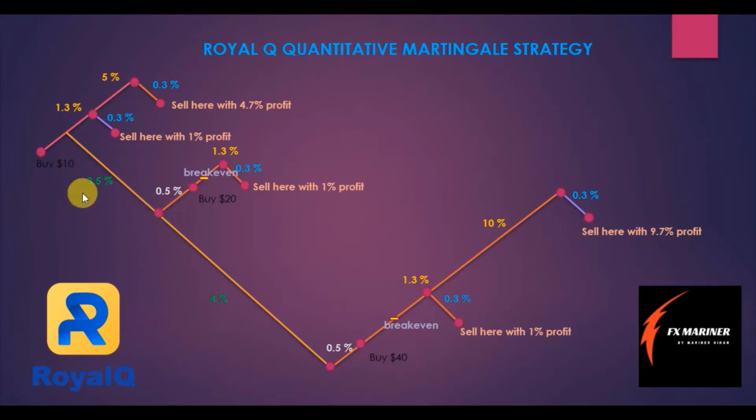In this case, the bot is waiting for the price to decline 3%, and here the bot is looking at whether the market is going to move upwards. If the market is going to move up, it is looking for another 0.5% as per my setting.